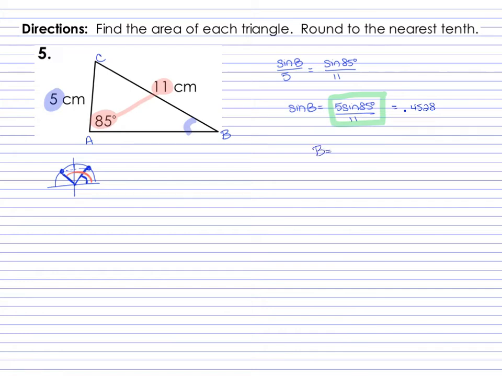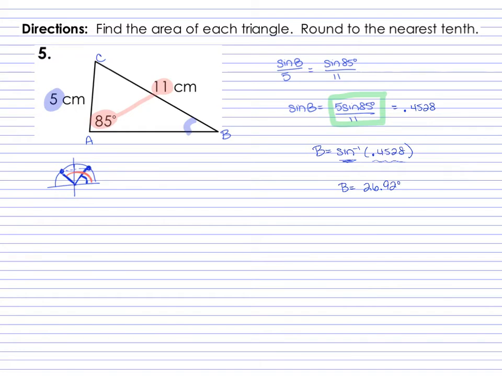We're going to say that B is equal to the inverse sine of 0.4528. So this is saying B is the angle whose sine is 0.4528. What we're going to find there is that B is equal to 26.92 degrees in quadrant 1.